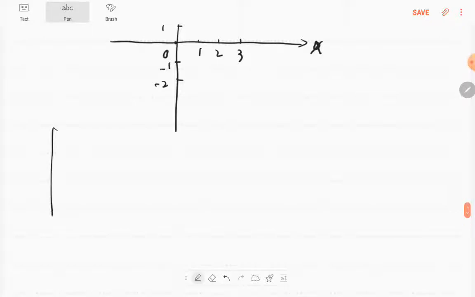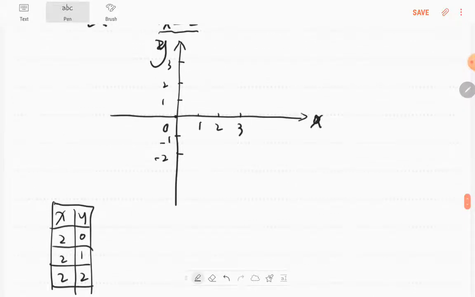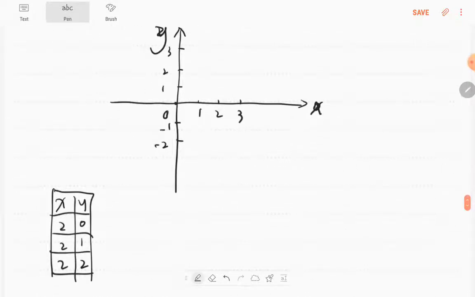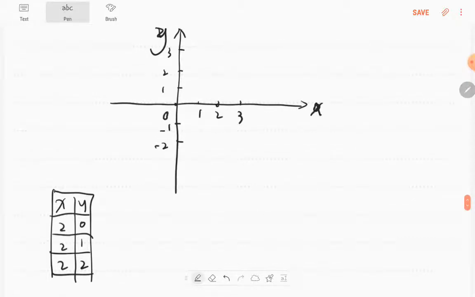So we know x is always 2, right? So y can be any value, -1, 0, 1, 2, any value we want. We can use several points to help us draw the graph. We know x equal to 2, y equal to 0, so that will be this point.